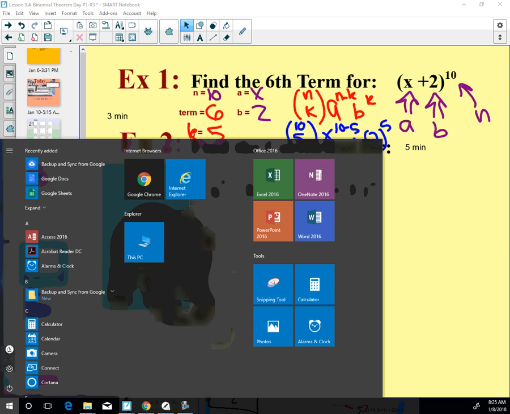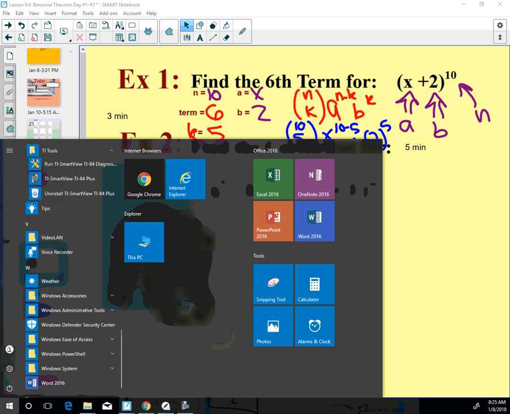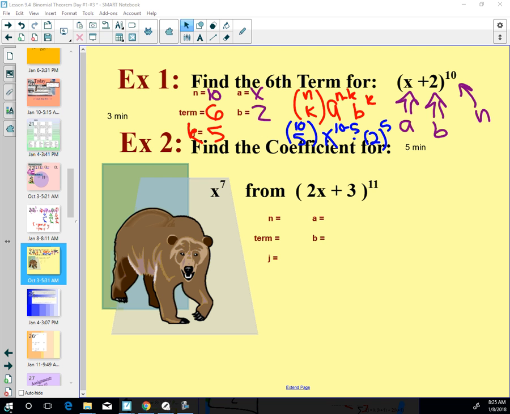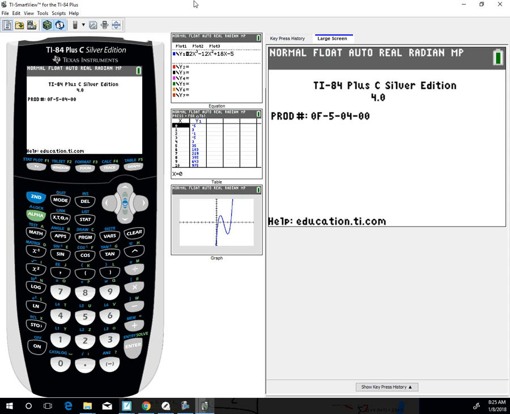I'm going to race you, so you can get your calculator out first.